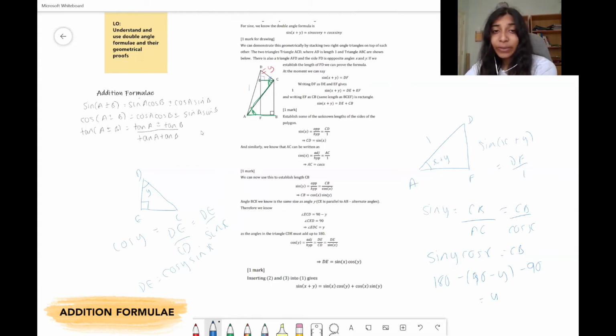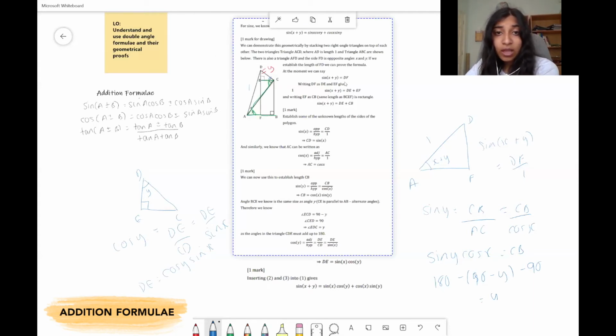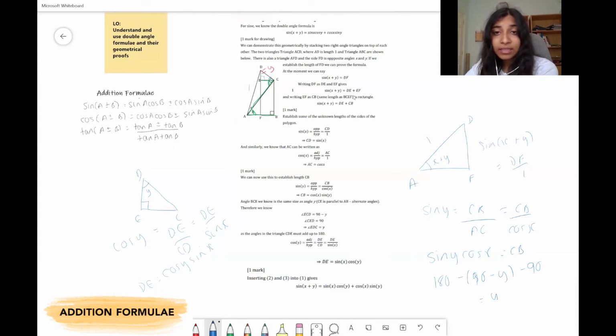So that's the geometric proof again. Let me just run through it quickly, to sum it up. What we did is we drew two triangles, and then using the first triangle, we worked out what sine x plus y is, and we said that's equal to DF, and then we split that up to say that that's equal to DE plus CB, using just some rules that lengths in a rectangle are equal, and just using trigonometry.